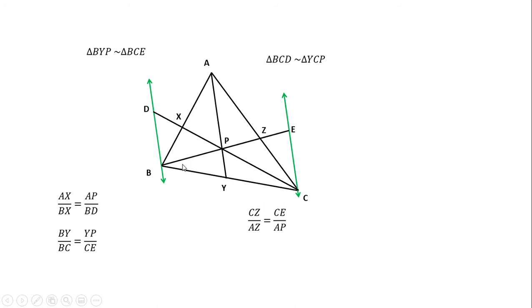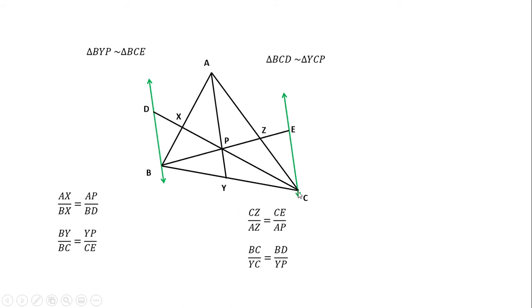BCD, the large triangle BCD, is similar to triangle YCP inside of it. They share the angle at C, and then they have corresponding angles equal to each other because of the parallel lines. So these two triangles are similar to each other, and they also have a set of corresponding sides that are proportional to each other.